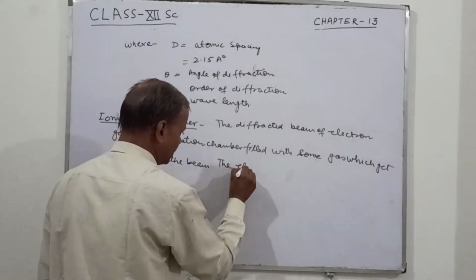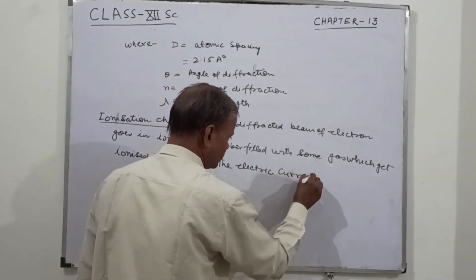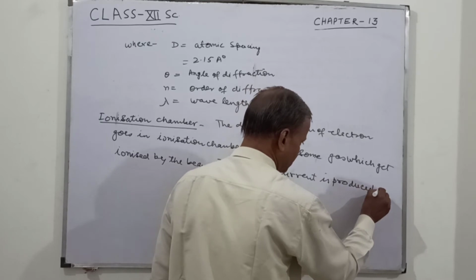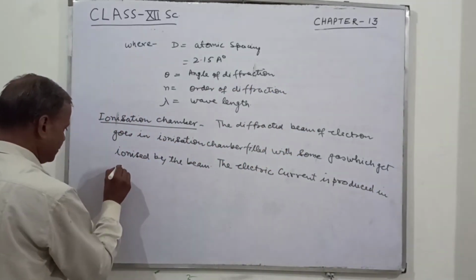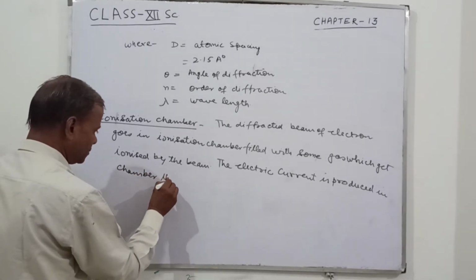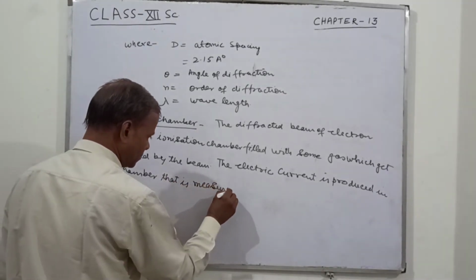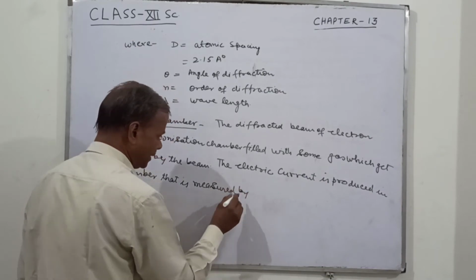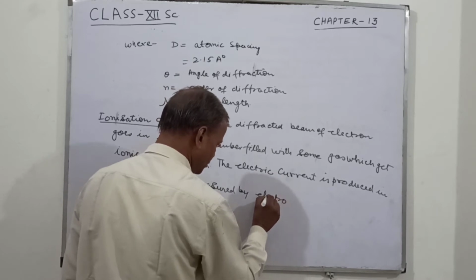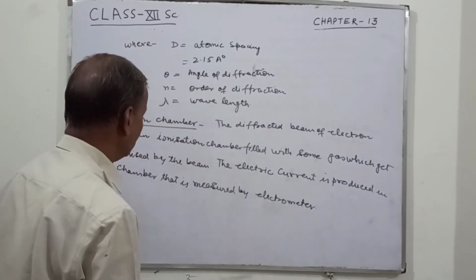The electric current produced in the chamber is measured by an electrometer.